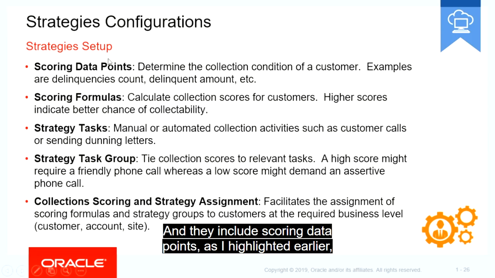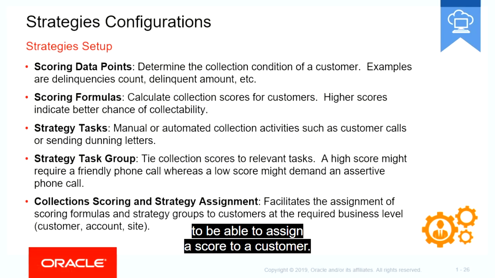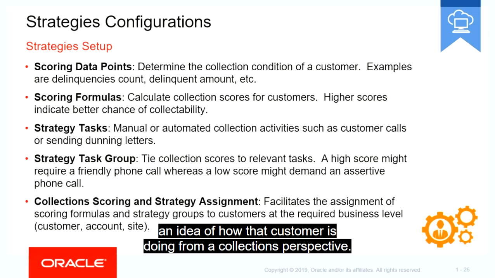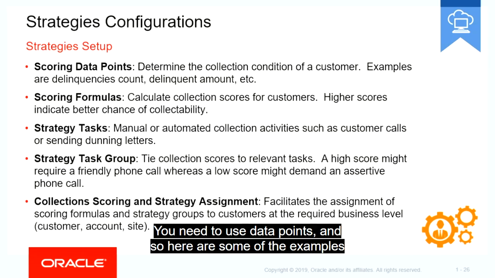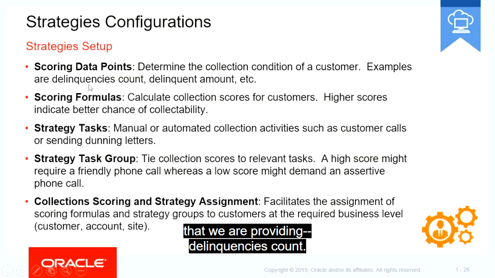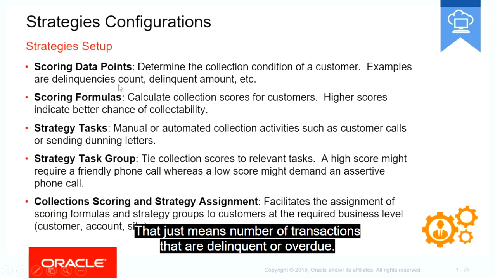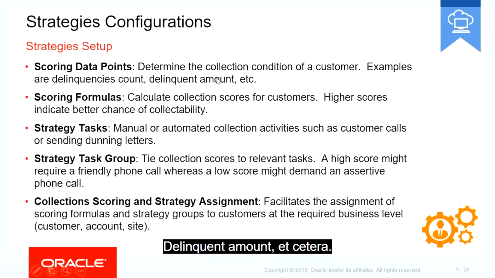As I highlighted earlier, to be able to assign a score to a customer, and again, that score is going to give you an idea of how that customer is doing from a collections perspective, you need to use data points. And so here are some of the examples that we are providing. Delinquencies count, that just means number of transactions that are delinquent or overdue, delinquent amount, etc.